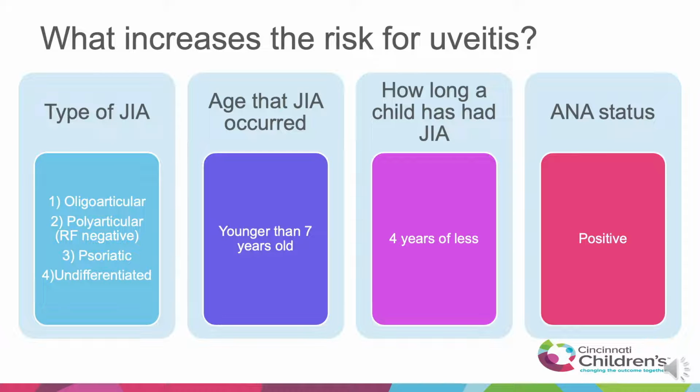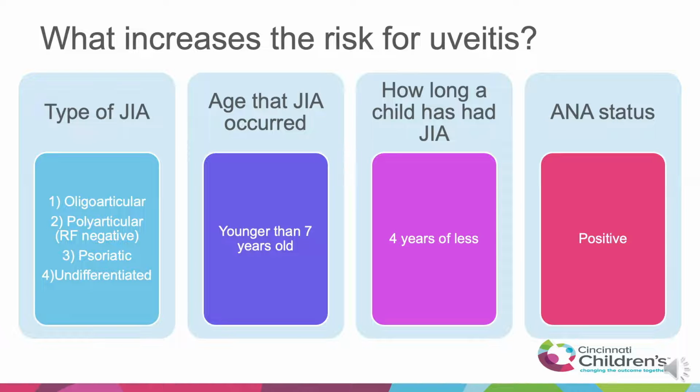So back to the question of how often do I need to go see the eye doctor? The frequency of these visits is determined by different risk factors. These include the type of JIA that a child has, the age that the child developed JIA, how long they've had their JIA for, and their ANA status.